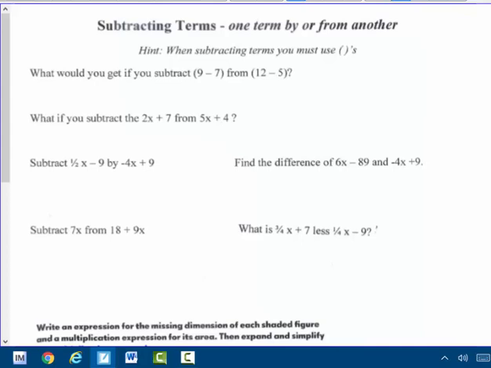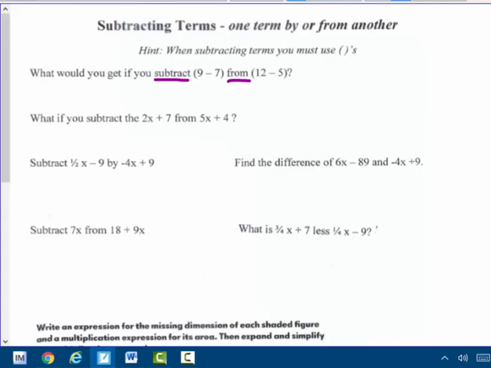What would you get if you subtract 9 take away 7 from 12 take away 5? I know that if the operation is subtraction and the words used are usually two words like subtract from, fewer than, less than, subtracted from, things like that, the English and the math are in reverse order.